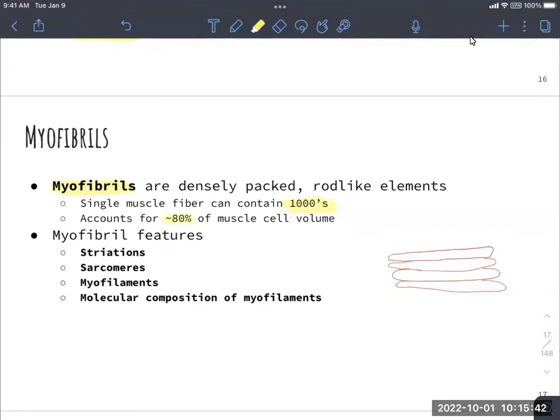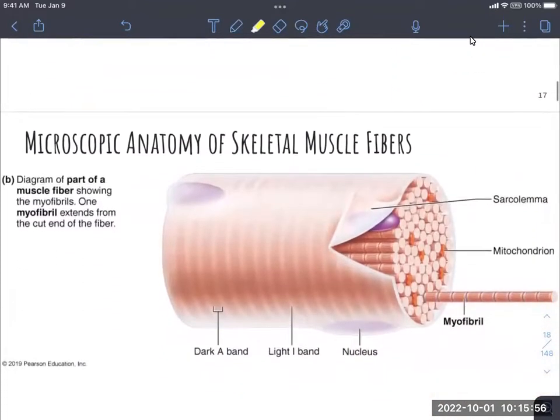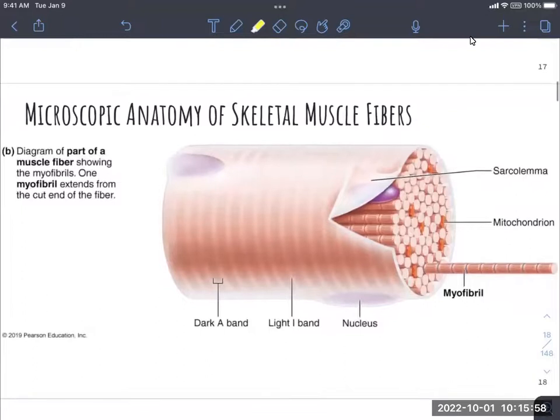These myofibrils have striations, sarcomeres, myofilaments, and the molecular composition of myofilaments. So let's look at the striations. We can see this is a myofibril over here. That's just one. You see all these myofibrils packed in here.